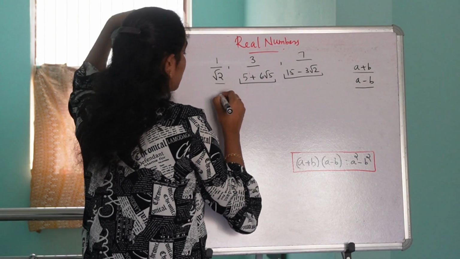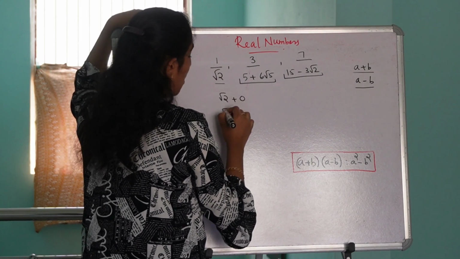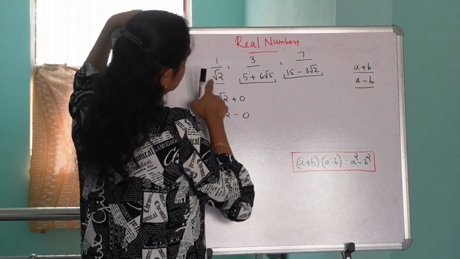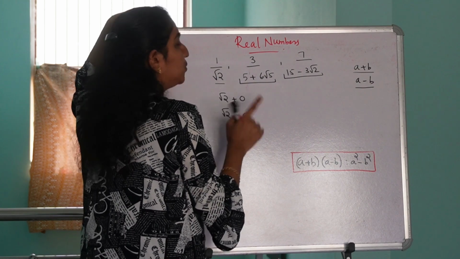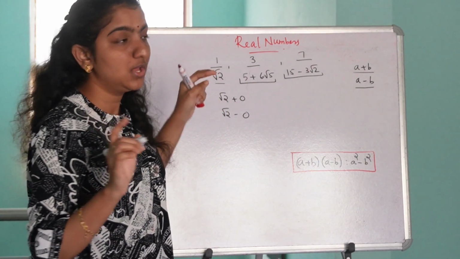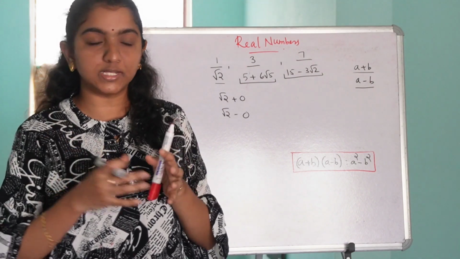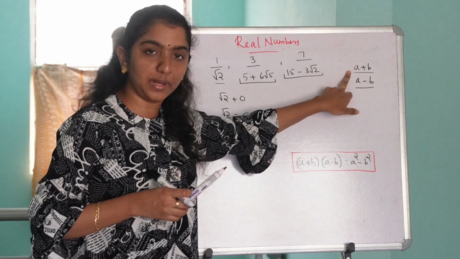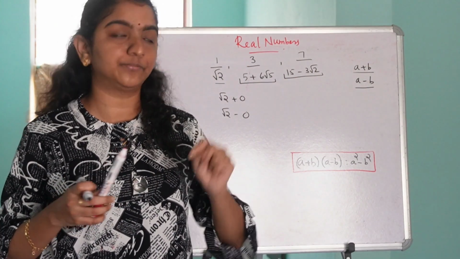We can assume root 2 either as root 2 plus 0 or as root 2 minus 0. Is it clear? So simply we can say the denominators of these kinds of real numbers will be either in the form a plus b or else in the form a minus b. Is it clear? Okay.